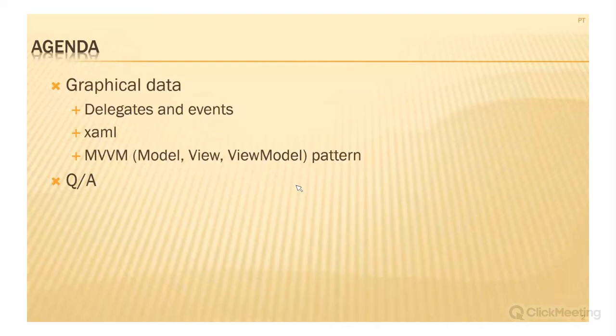We will talk about the graphical data, but we start talking about the delegates and events. Next, we'll talk about XAML, expandable application markup language, and talk about the view model pattern.